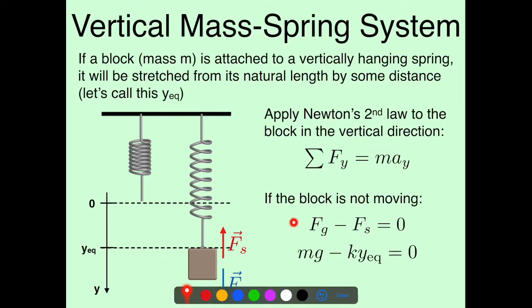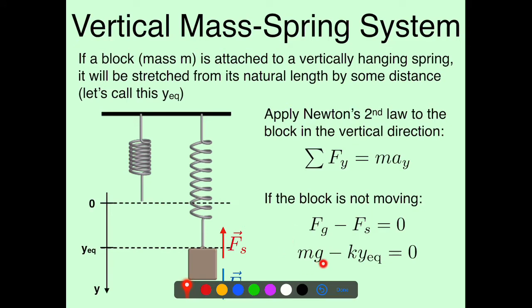Well, the force of gravity, of course, is just given by m times g, whereas the magnitude of the spring force is given by k times the amount it stretches out, which in this case, we're using y_eq to denote that. So we have mg minus k times y_eq is equal to 0.